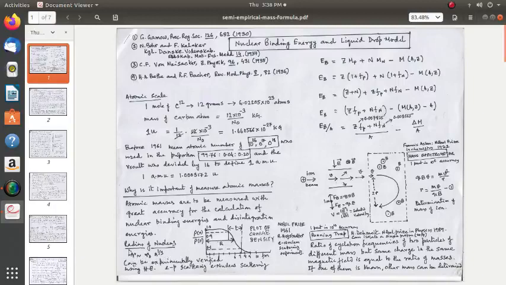This is a very important relation that we will use in constructing the liquid drop model. Note that this is obtained experimentally by actually studying the radius of various nuclides using electron-proton scattering.